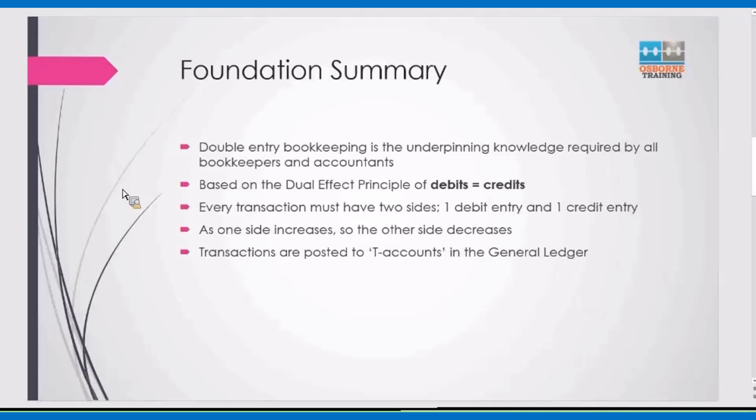Every transaction must have two sides, one debit entry and one credit entry. It follows the principle that as one side increases, the other side decreases. And then all our transactions are posted to what we call T accounts in the general ledger. Okay, they're called T accounts because they are literally shaped like a capital letter T.